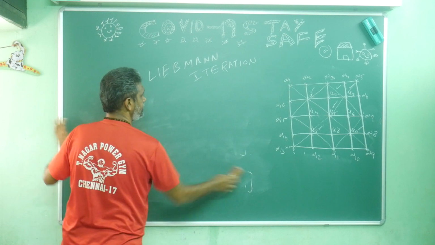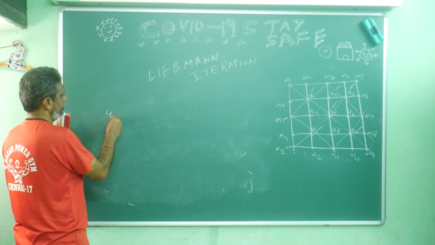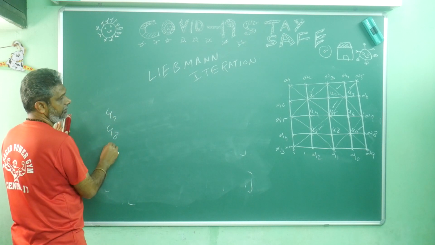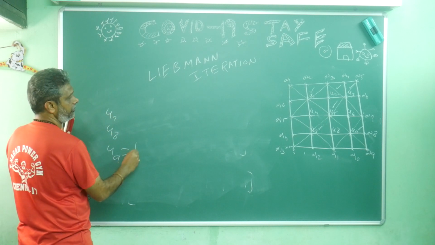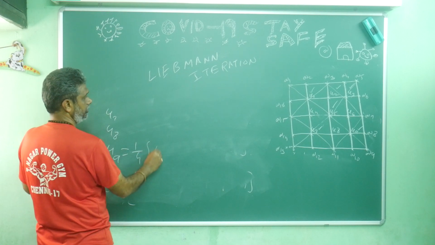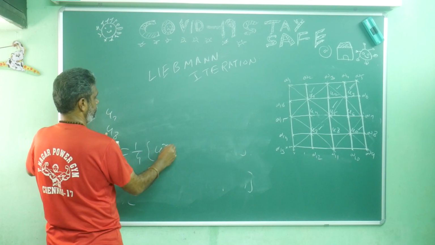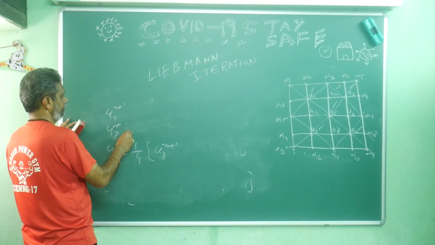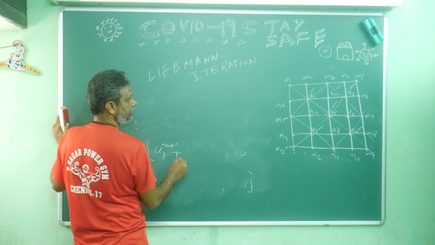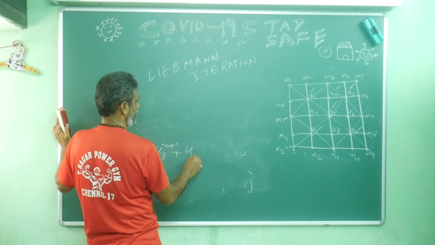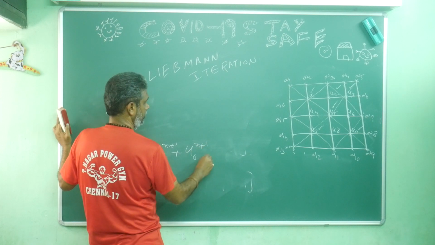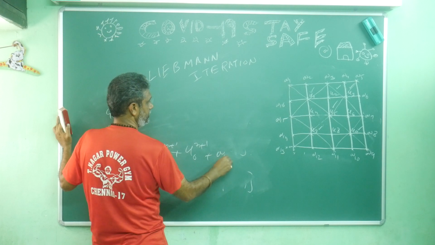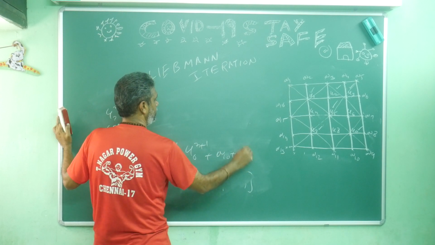Similarly, next what you will find? u7 you can find, then u8 you can find, then u9. u9 how can you write? 1 by 4 u8, already this you know. Plus what you will get? u6 already in my hand, then a110 is fixed, plus a8.